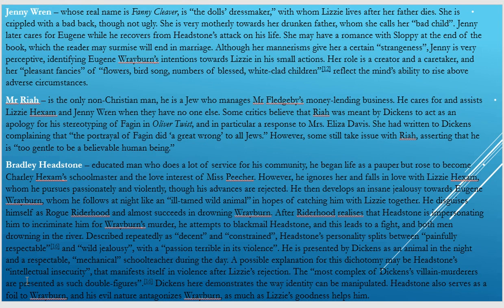Headstone also serves as a foil for Rayburn and his evil nature, intelligence, whereas Rayburn's lazy goodness helps him. So he has jealousy. He wanted to kill his friend to get the inheritance. So that's the Headstone character.